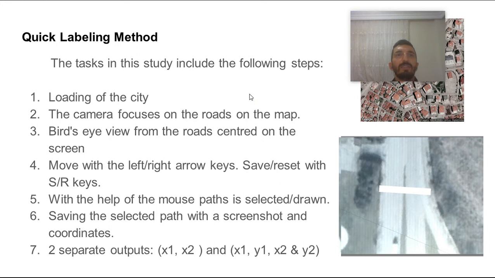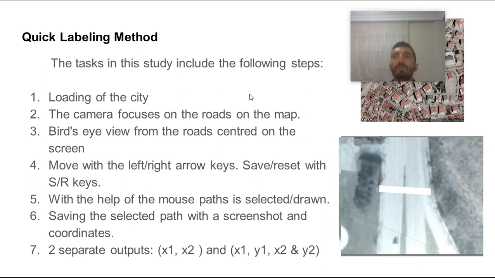Saving the selected path with a screenshot. Also, the coordinates of the selected path are saved in a text file. Labeling image and text file names are unique IDs. Finally, x1, x2 coordinates, two separate outputs are taken as bounding box labels: x1, y1, x2, and y2, for use as needed.